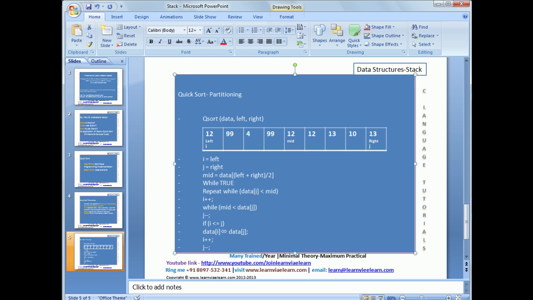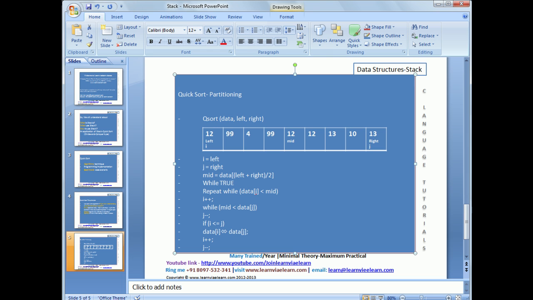The main idea behind the pivot element is that we take one of the elements. For instance, I am taking the mid element of this array. We can take any element in this array as the pivot element, and everything will move around this pivot element.